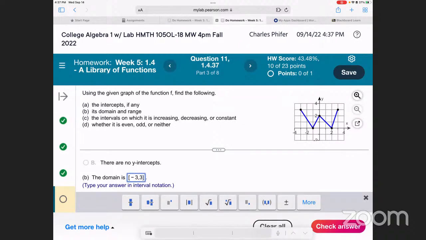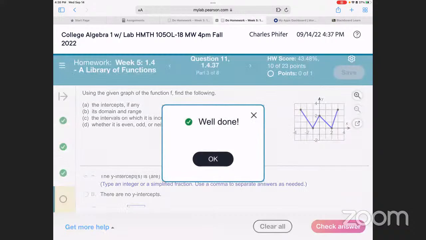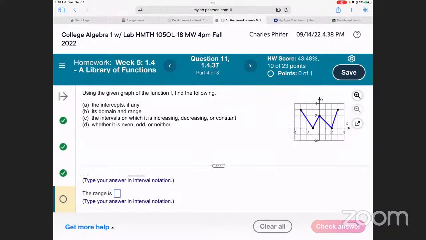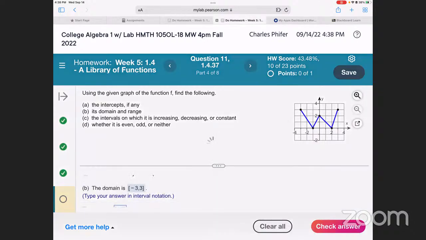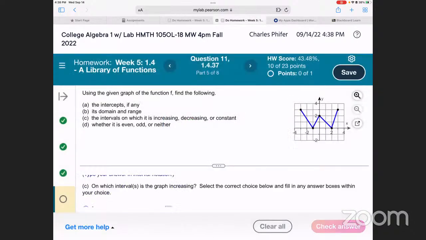I'm using the square bracket because this graph is defined at these x values. The range is the very bottom to the very top. The lowest y value is 0. And again, it's a bracket for the same reason as the previous. And the very top is 3. And close bracket. Okay. So we just got lucky with this graph.